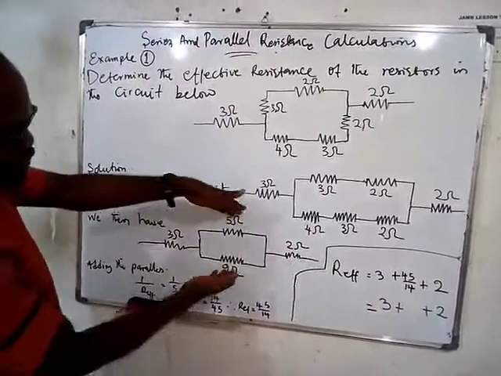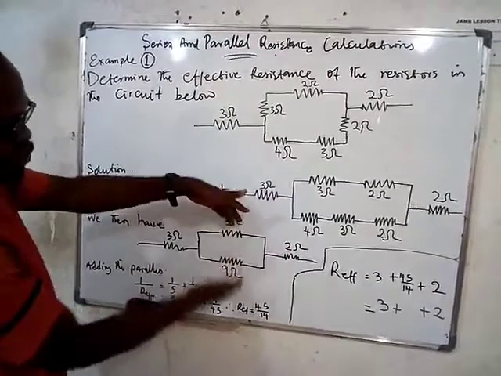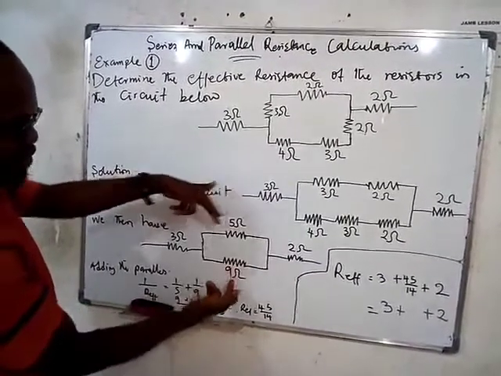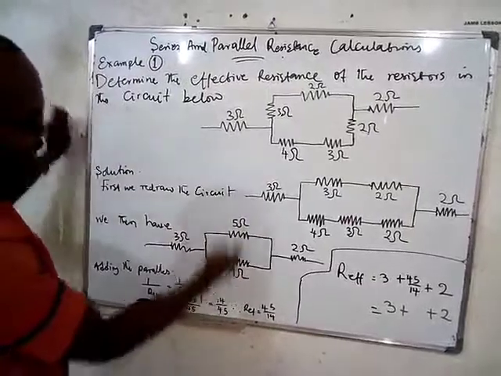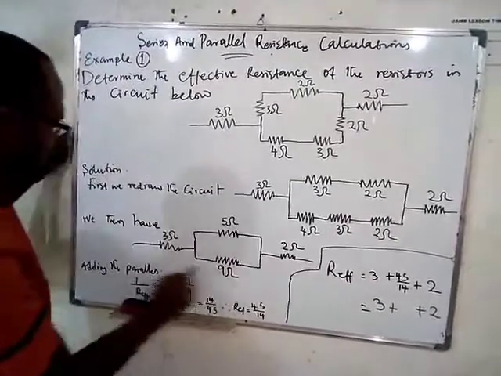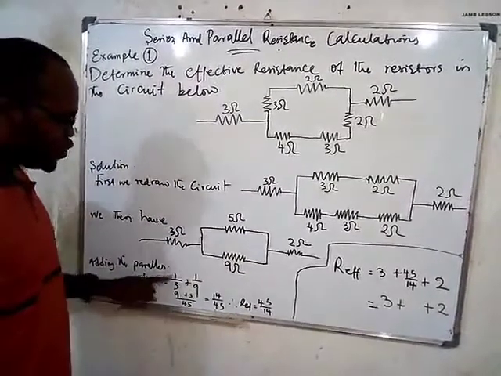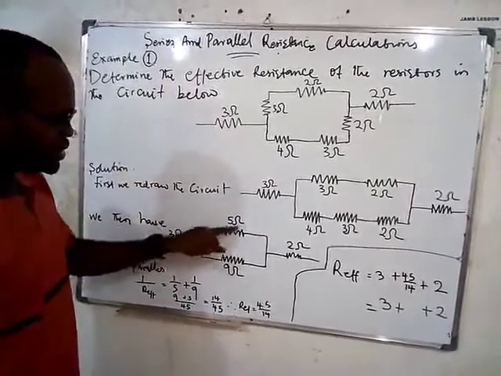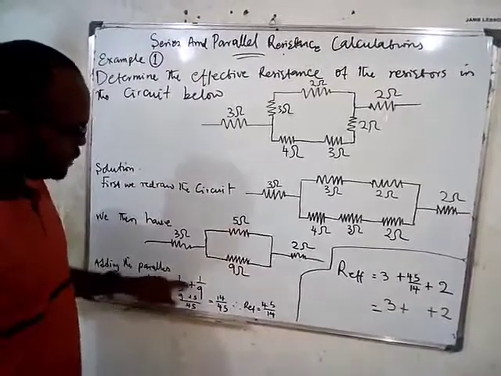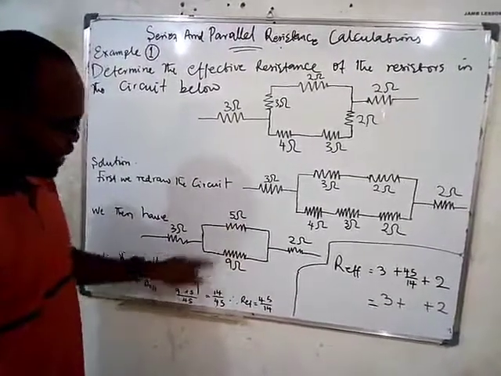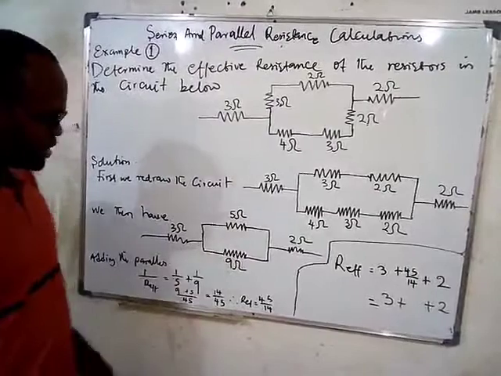So what do you do? You find the effective resistance of these 2 different resistors. To find the effective resistance of 2 resistors that are in parallel, you say 1 over R effective equals 1 over the resistance of one of them, which is 5, plus 1 over the resistance of the other one, which is 9.